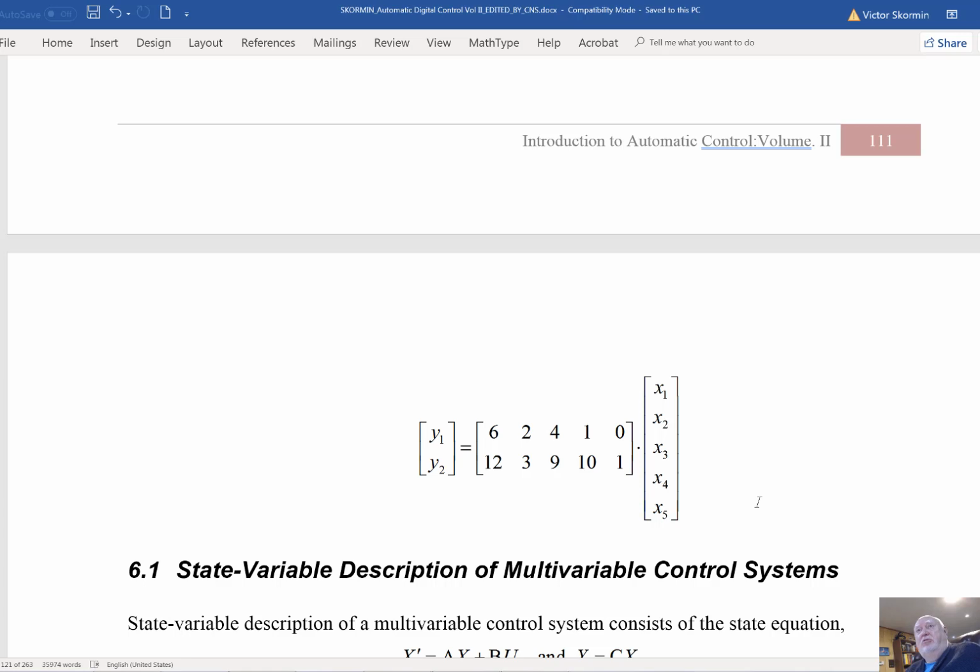So I showed you how to perform some algebra and convert transfer matrix based description of a dynamic system into a state variable description of the same system.